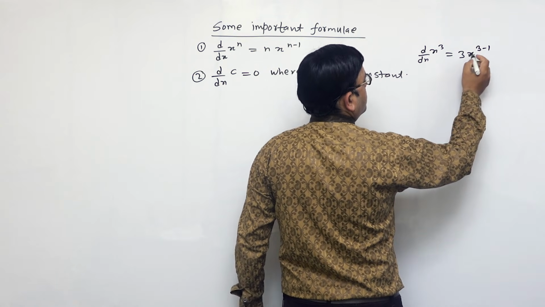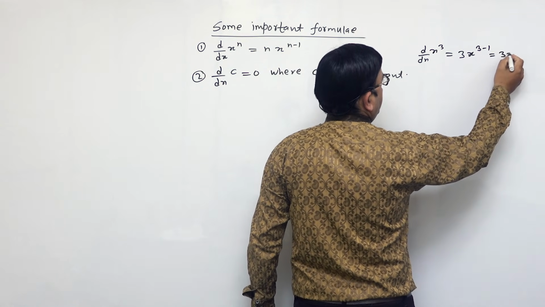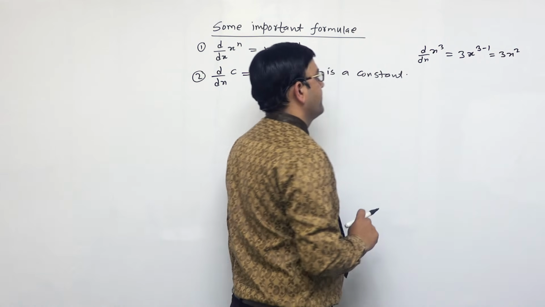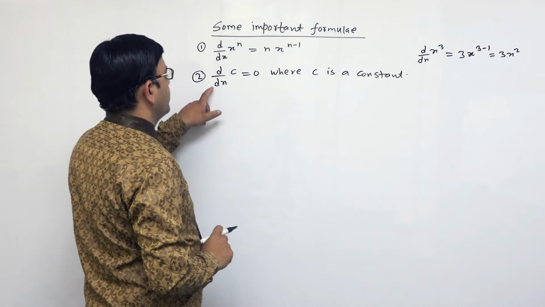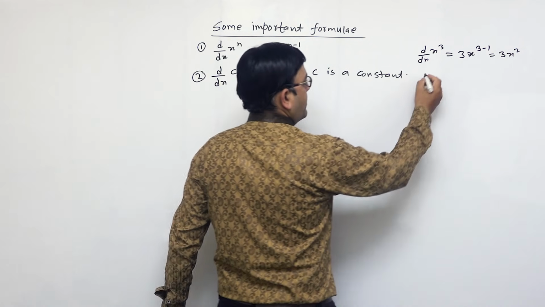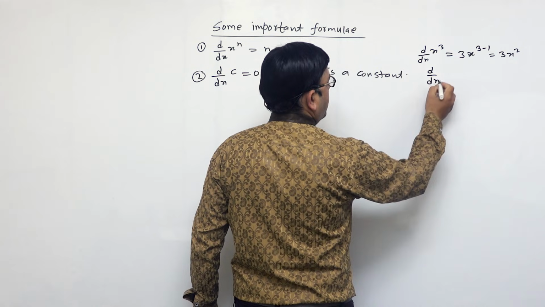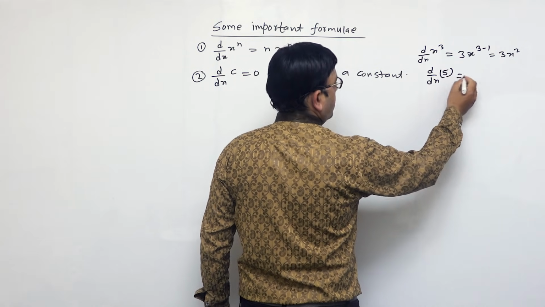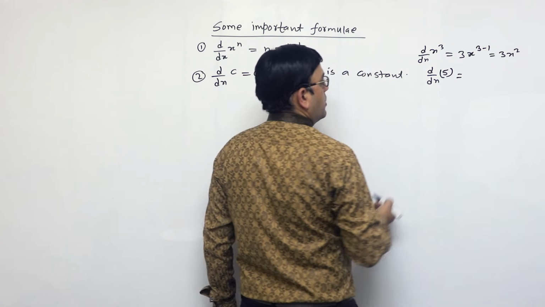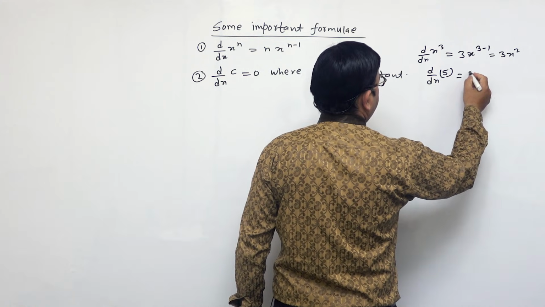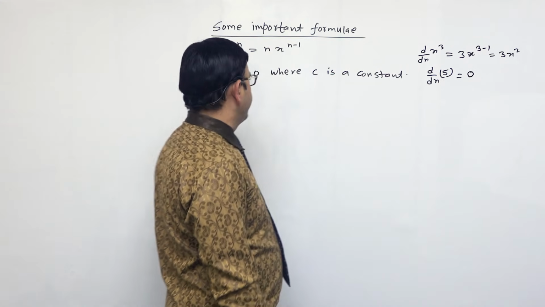So this is equal to 3x square. So according to this one, d by dx of suppose 5 is equal to, this 5 is a constant term, so derivative of 5 directly we can write 0.